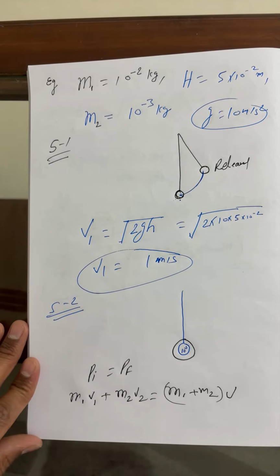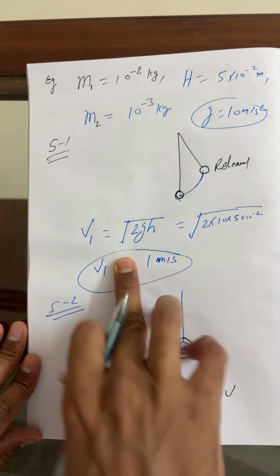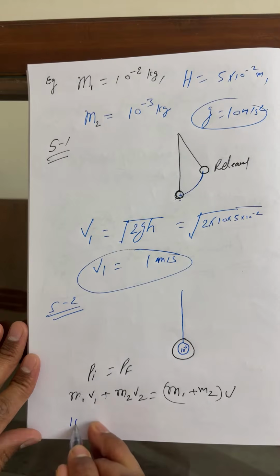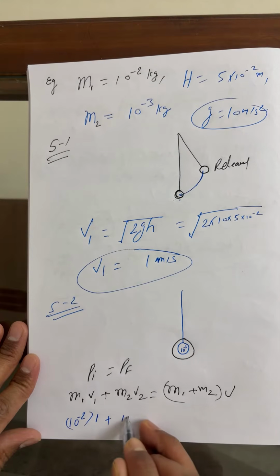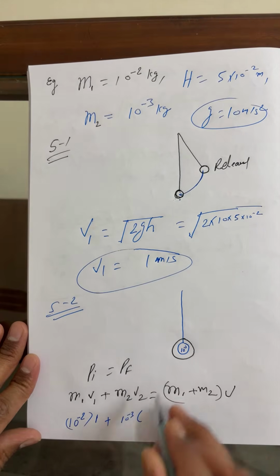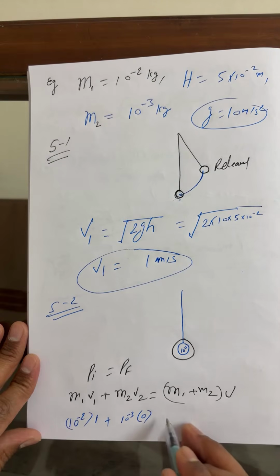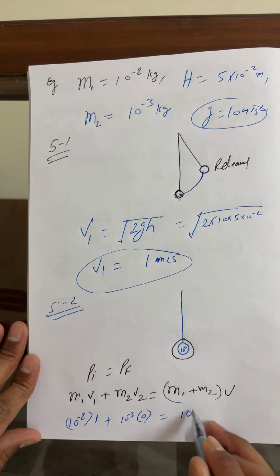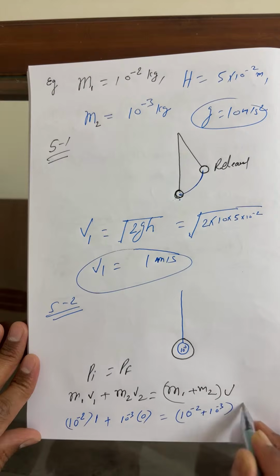We already know m1 and we already found v1. So m1 is 10 to the power minus 2, v1 is 1, plus m2 which is 10 to the power minus 3, but initially at rest, so v2 is 0. This equals 10 to the power minus 2 plus 10 to the power minus 3 into v.